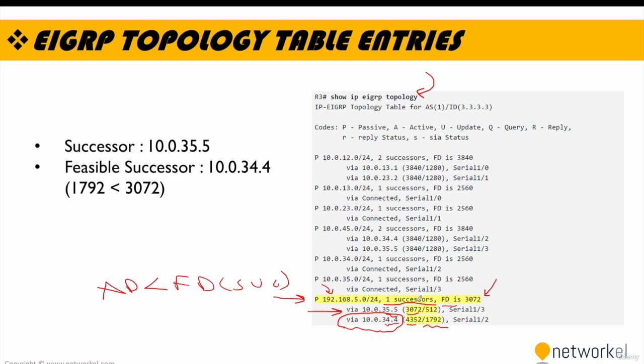You can see the first value represents the FD, the second value represents the AD. What is the rule for becoming a feasible successor? The AD should be smaller than the successor's FD. The successor has an FD value of 3072, so that is why this router is the feasible successor when I am trying to reach this network. I hope it is clear.